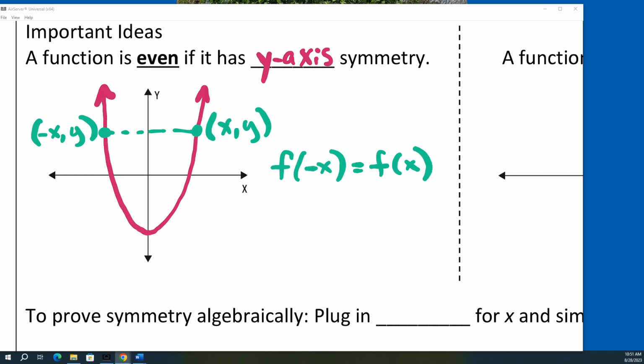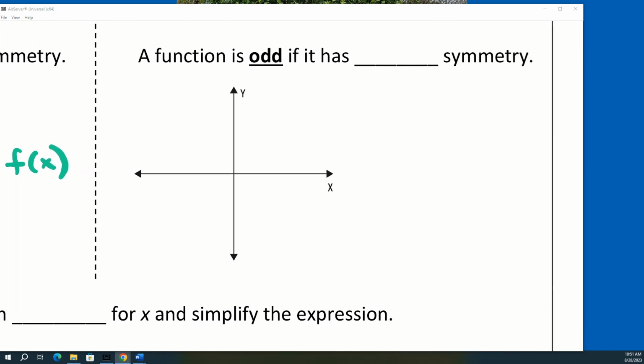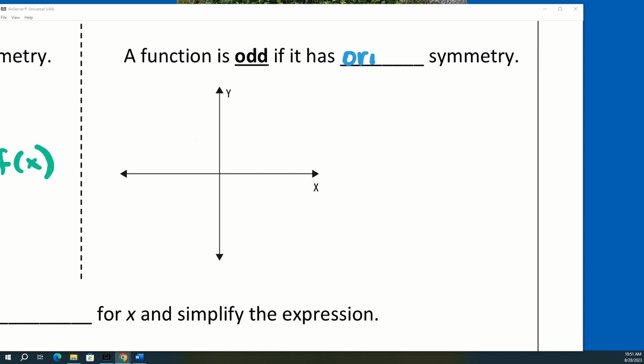All right. And then all odd functions are going to have origin symmetry. So you can draw a swishy one like the one on the other side, or I'm going to draw one that's a little less complicated. All right.